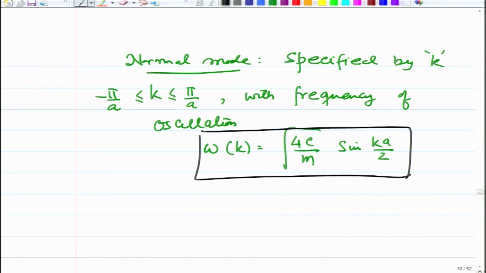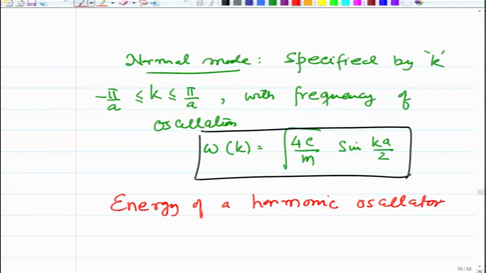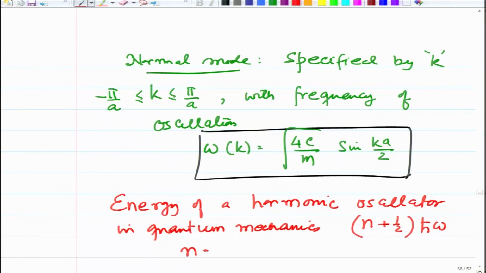Now, it so happens that the energies that a harmonic oscillator takes in quantum mechanics are n plus half h cross omega. So, energy of a harmonic oscillator in quantum mechanics is given as n plus a half h cross omega, where n are integers 0, 1 and so on.